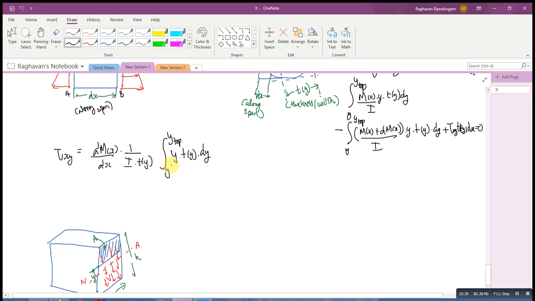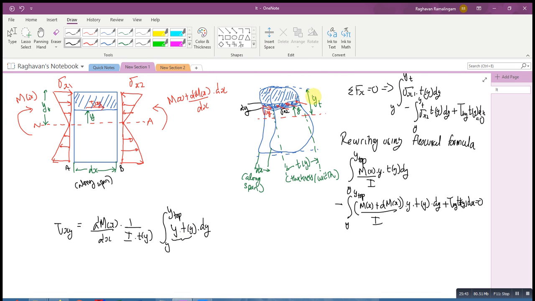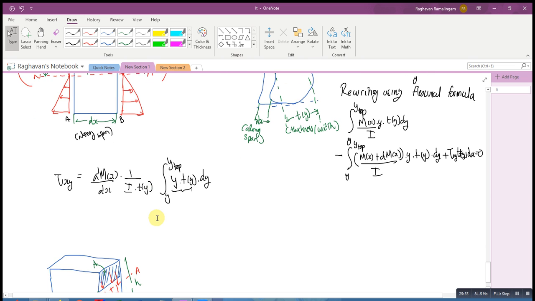Now this y into t of y is nothing but the area of this elemental area.